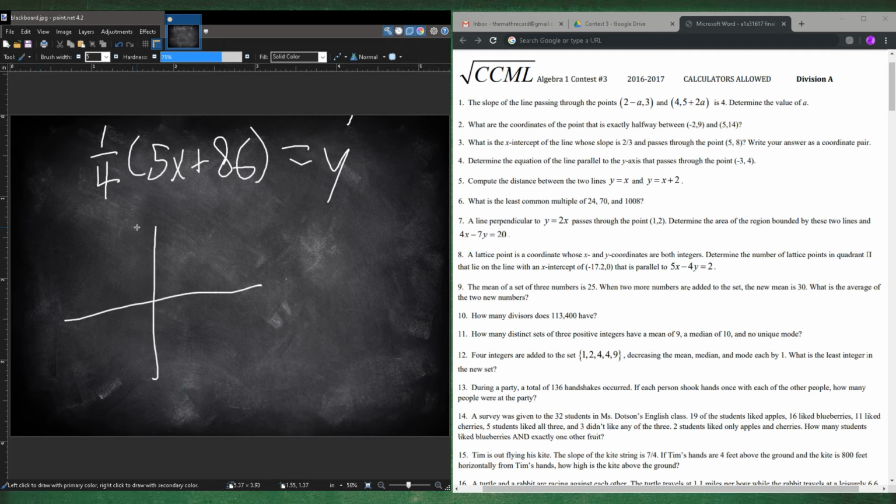So you're going to have a point at (-17, 0) right here, and it's going to have a positive slope, so it's going to go something like this. There is a limited number of points in quadrant 2, because this is quadrant 2.